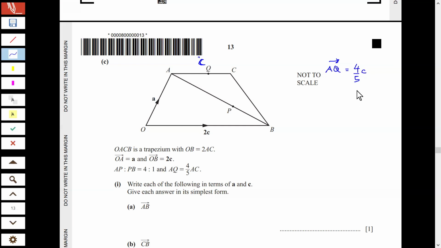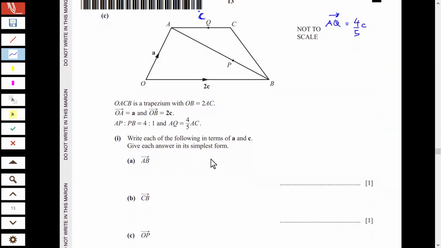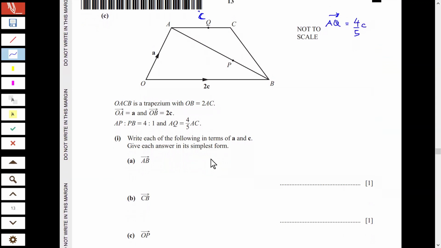Okay. So let's see, we're told to write each of the following in terms of A and C. Give each answer in simplest form. So find vector AB. Okay. Vector AB is simply this vector AB. So we have to move in this direction. Vector AB is going to be equal to vector AO plus vector OB.